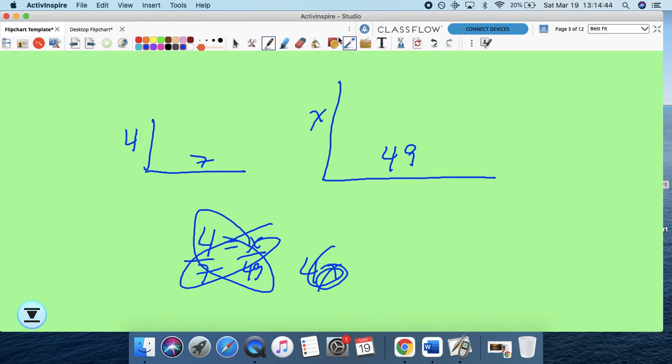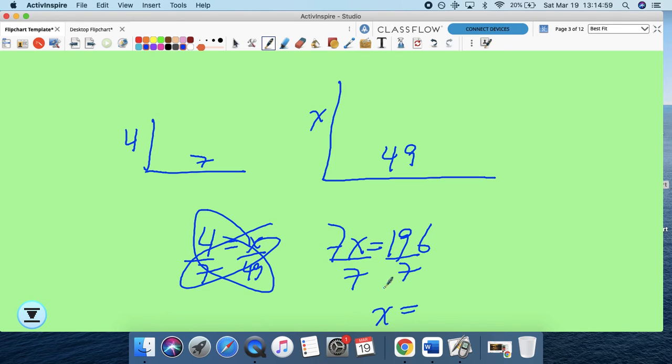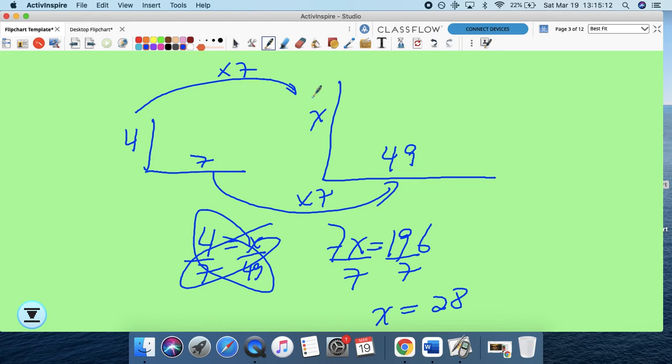You get 7x equals 4 times 49, which is 196. Divide both sides by 7, and x equals 28. Or you could have done 7 times what is 49? It's times 7, and therefore here would be times 7, and you get 28 as well. Whichever way.